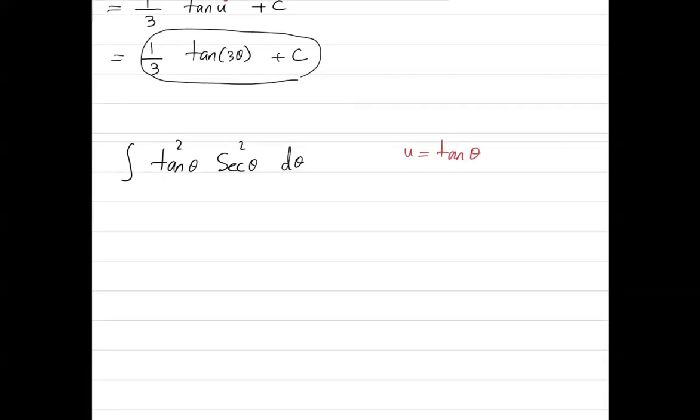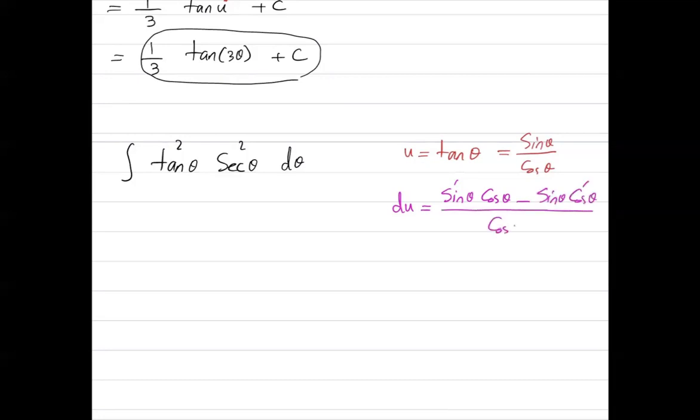Remember from calculus that the tangent is sine divided by cosine. In order to calculate du, we have to apply the quotient rule. This is the derivative of sine times cosine minus sine times the derivative of cosine, divided by the denominator to the second power.